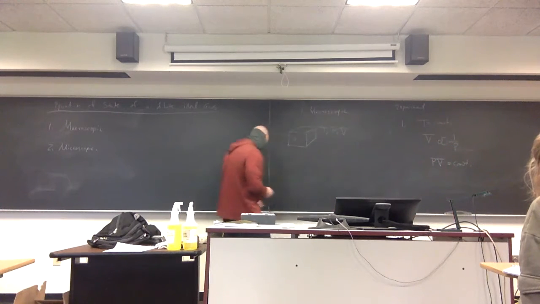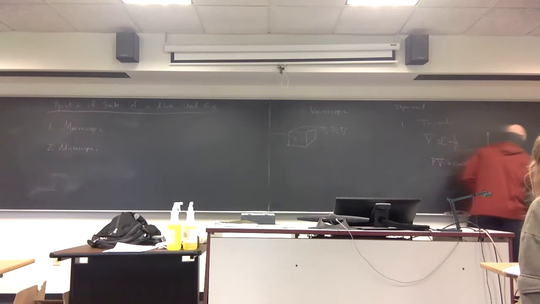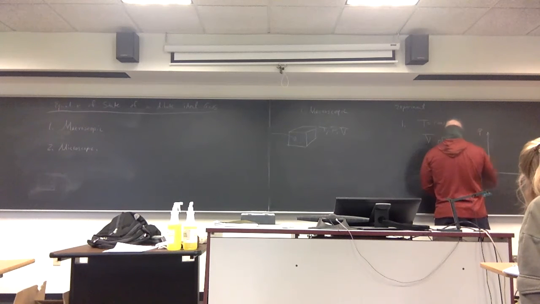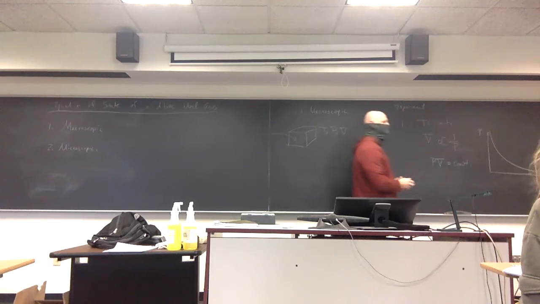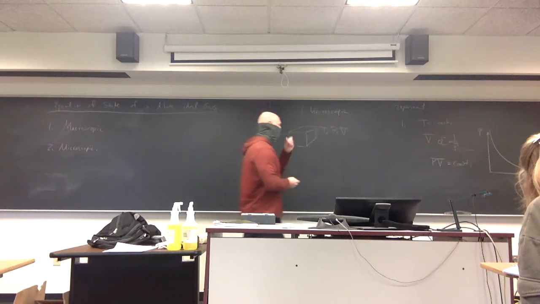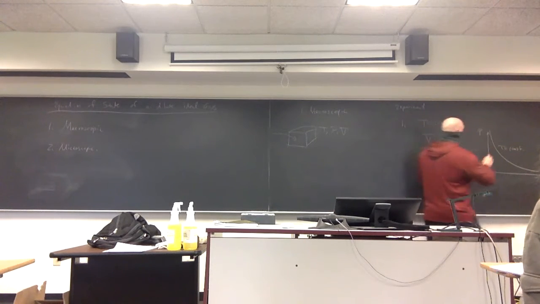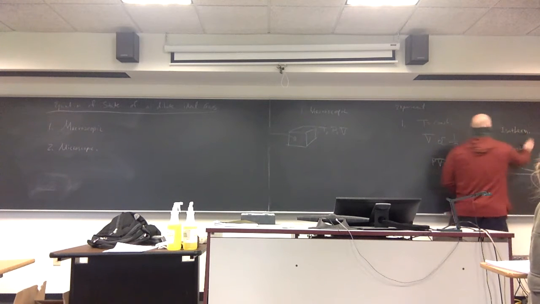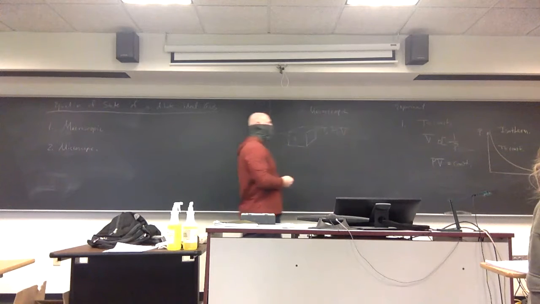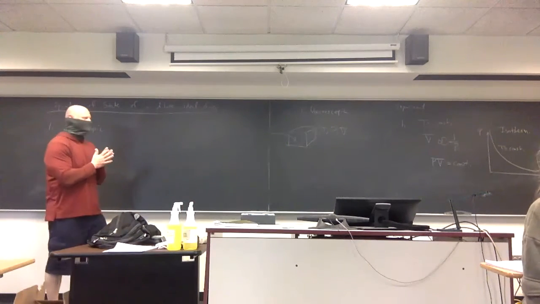So if I plotted the volume versus the pressure, we get a line that looks something like this, where everywhere along this line the temperature is equal to a constant. We'll talk more about this in the future, but this is what's known as an isotherm. An isotherm is any line which has constant temperature across, so that's what we call an isothermal process.